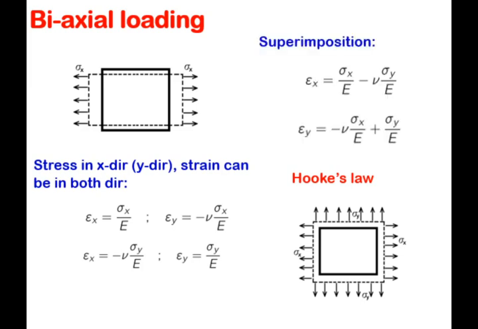Using the superposition method. Superposition is very important in any type of analysis. It simply means that we can add the two strains that are present because of the two different loads. You can just add them up. So your strain in the x direction is going to be the stress in the x direction divided by the modulus of elasticity, minus the stress in the y direction multiplied by the Poisson's ratio nu over the modulus of elasticity, and so on and so forth.